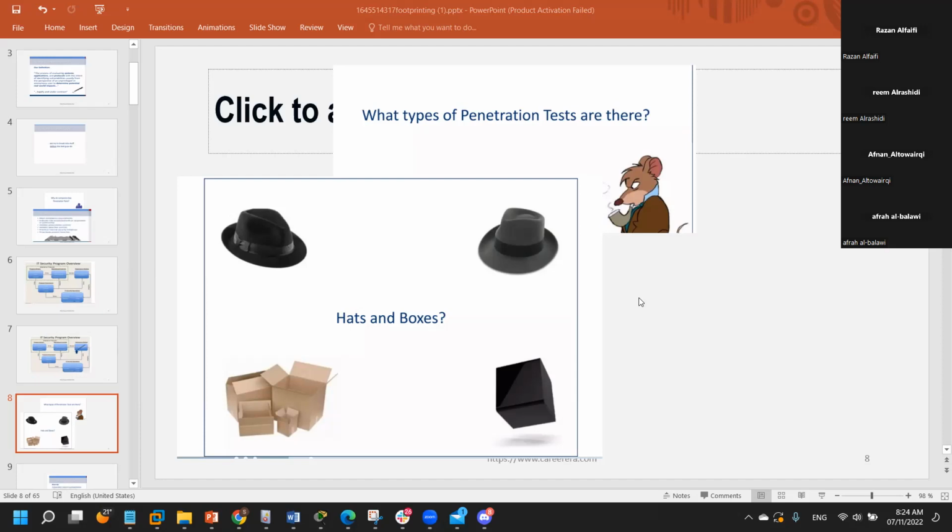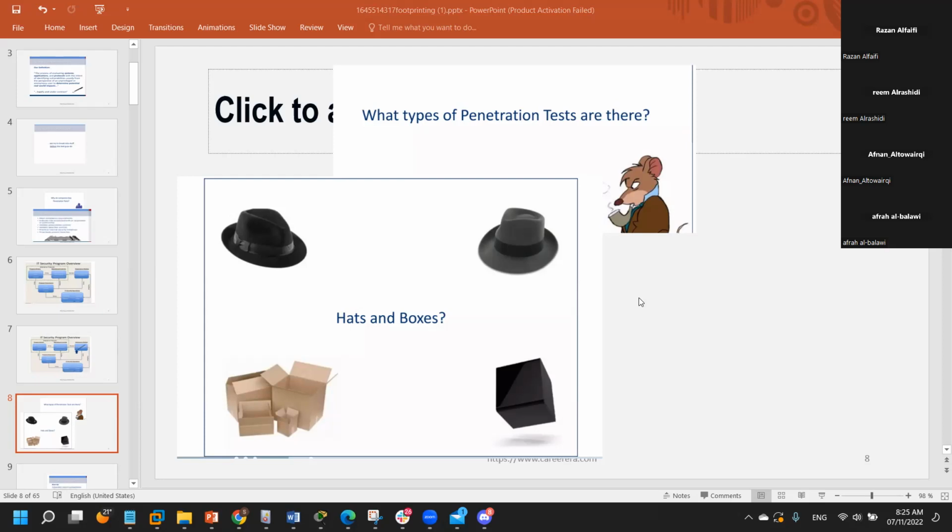For the hats, we have three: gray hat, black hat and white hat. The black hat is basically the bad guys who exploit your system for financial gain, activism or nation states. They don't really care about your system.